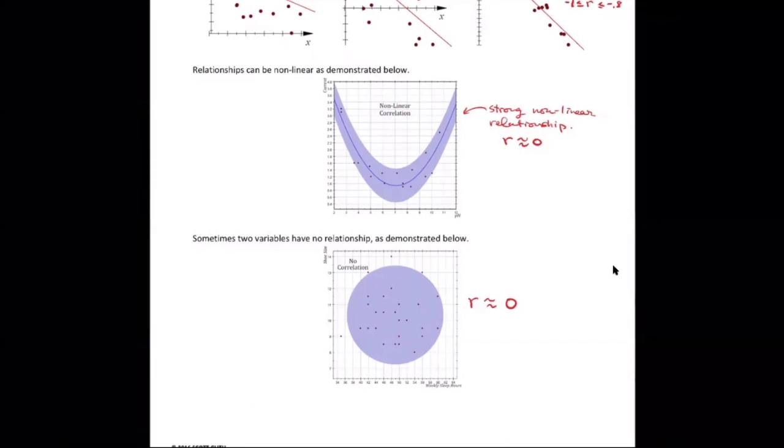And that's the same as if there's no relationship at all. So R is not good at finding strong relationships that are very nonlinear. And it's not good at distinguishing that from the case where R is 0 because there's no relationship at all.